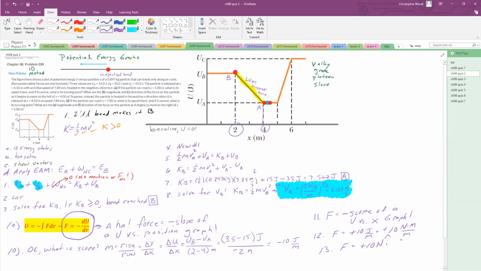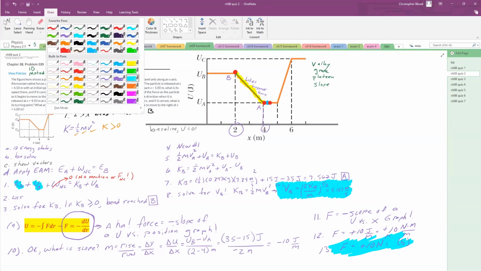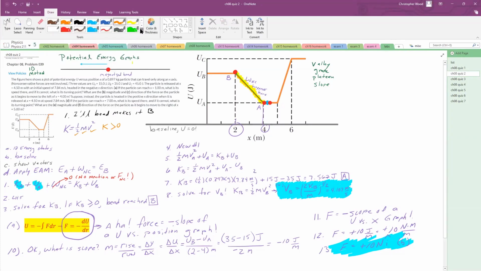Okay, that's part B. So we know what's going on with the bead. As the bead is moving to the left, we actually can say a lot. I know the bead can make it to this point right here.